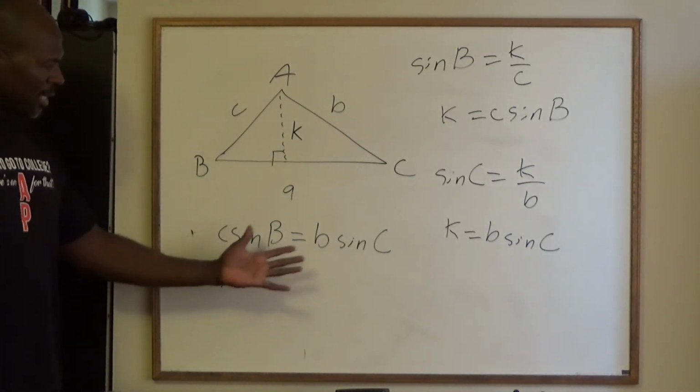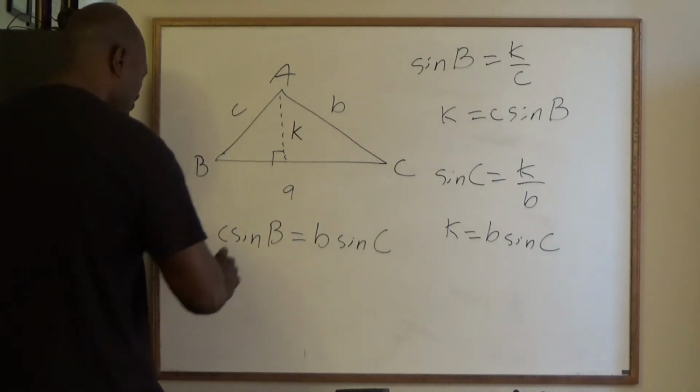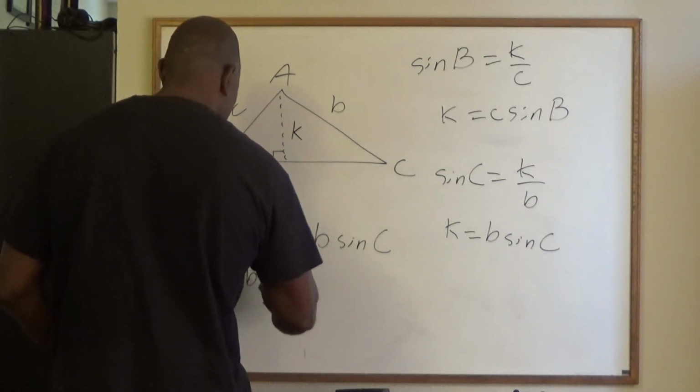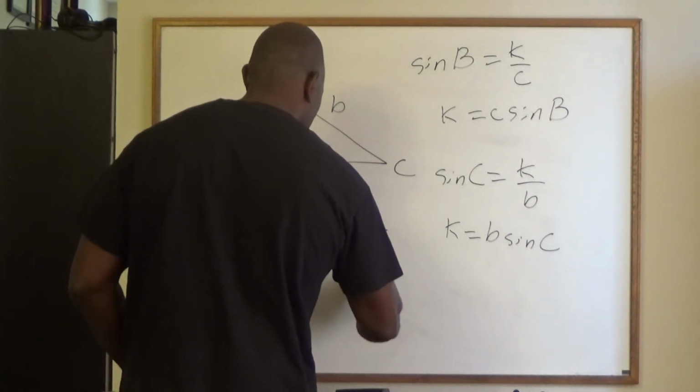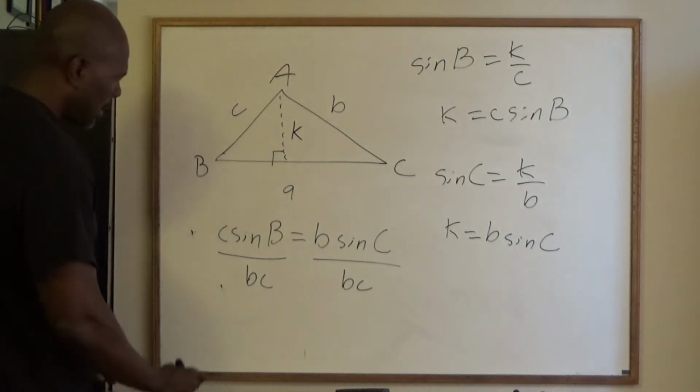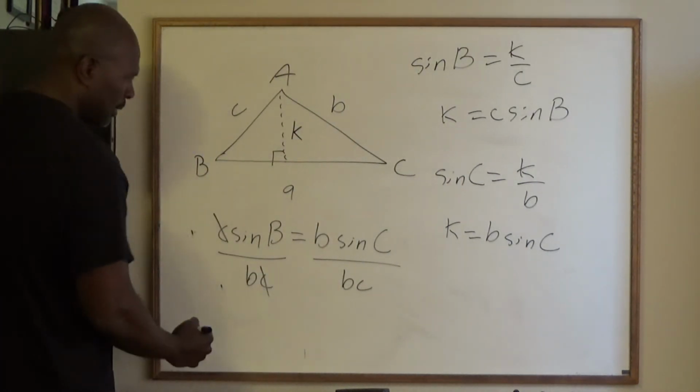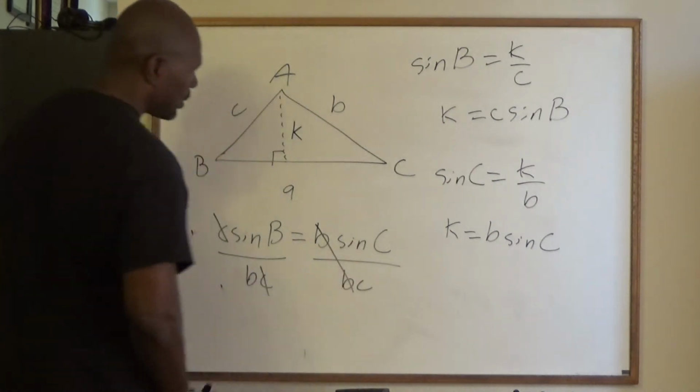And I prefer this not to look like this, so I'm going to divide both sides by bc. I'm dividing both sides by bc, and here the c would cancel, and here the b would cancel.